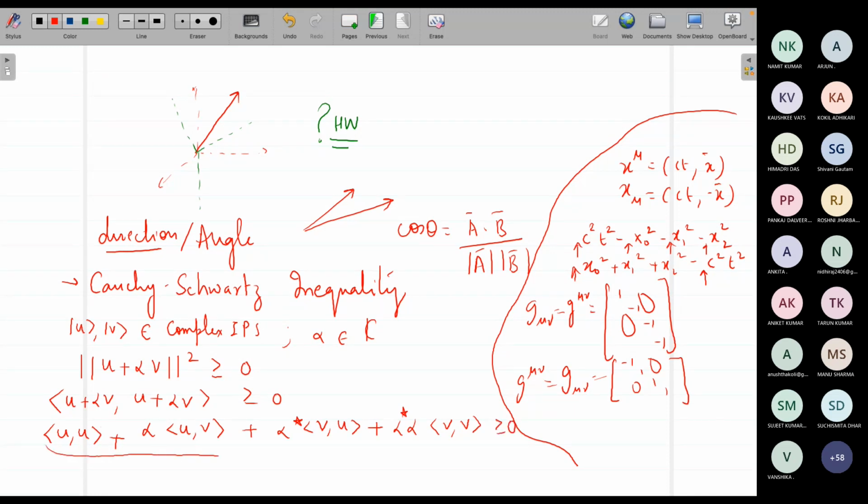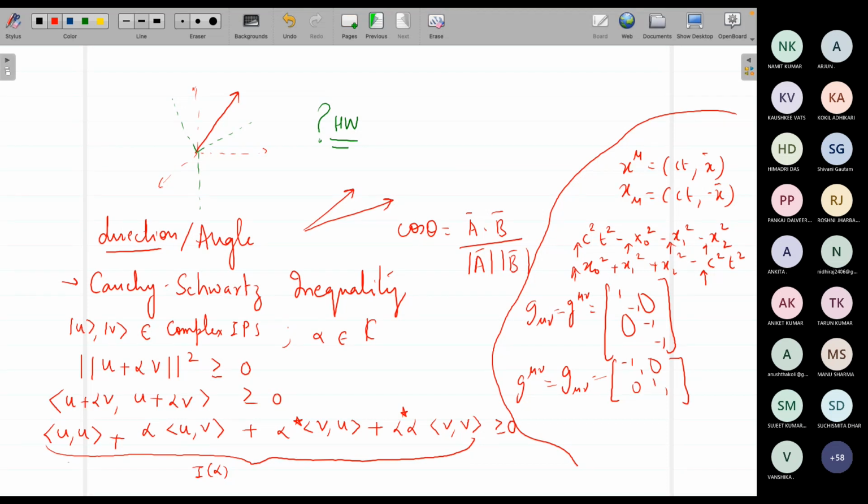If I define this as some quantity I(alpha), a function of alpha, this left hand side must be greater than or equal to 0, by definition. In other words, whatever the minimum value of I(alpha) we find, that minimum value should also be greater than or equal to 0, then only will this hold true for everything, right?